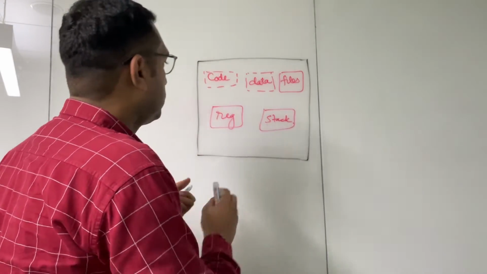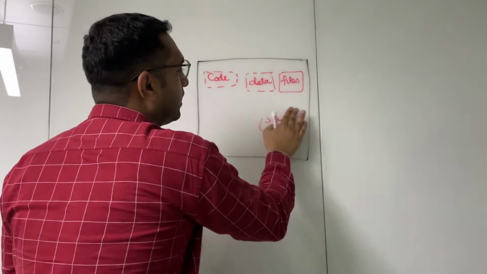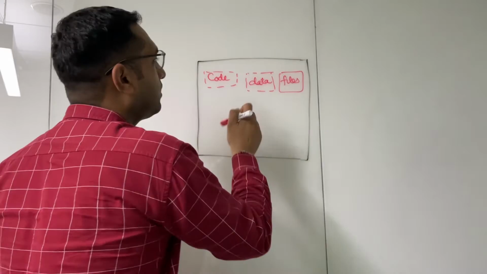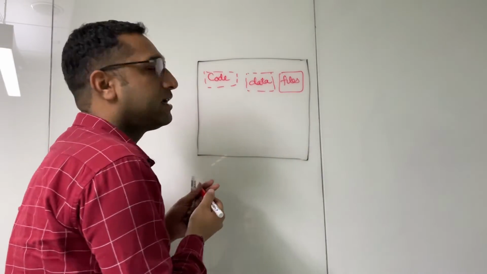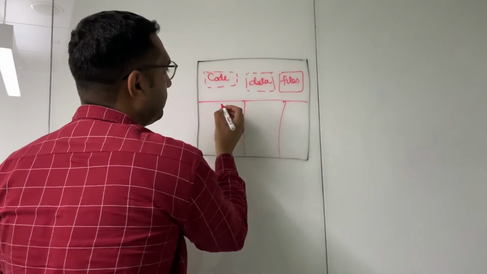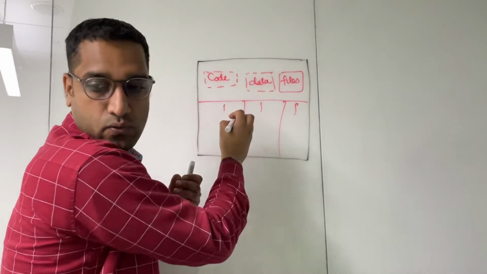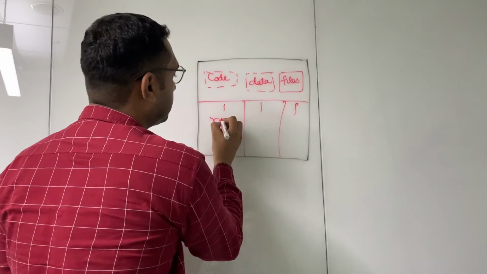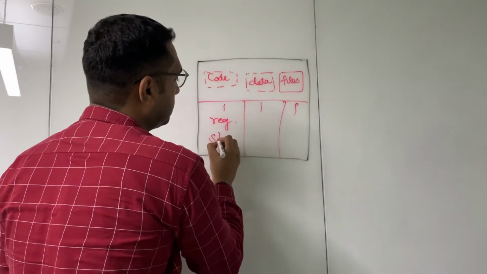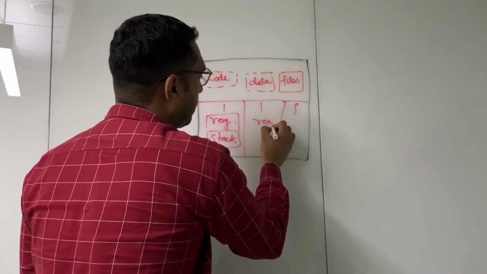If this process were to work as three threads, they will share code, data and files, but each thread, this is thread 1, thread 2, thread 3, will have its own stack and registers. They will bring in their own.